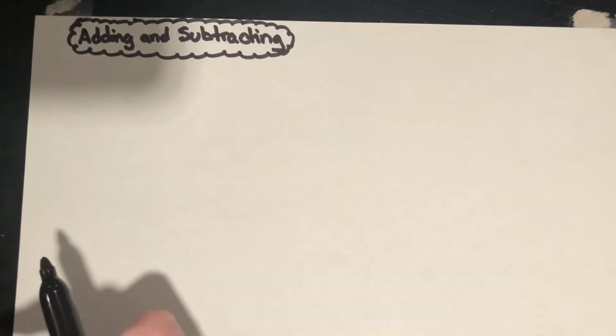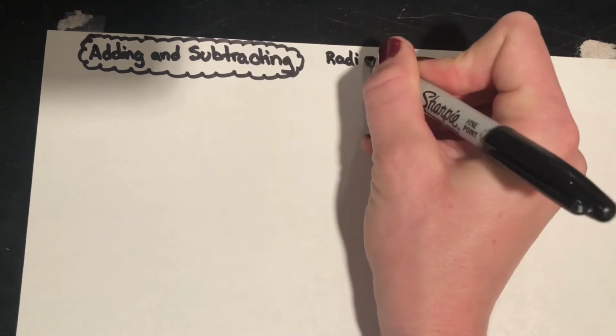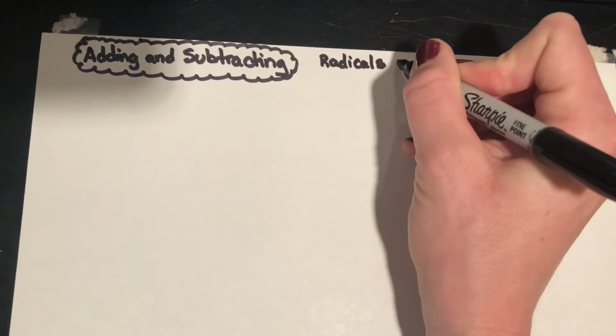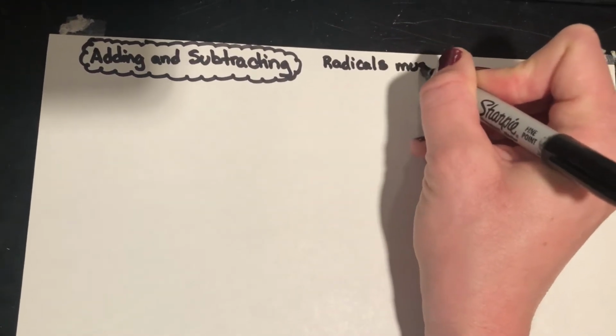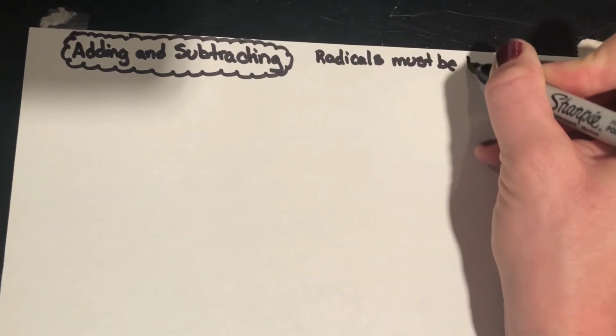So adding and subtracting, what we need to remember, and we've done this before, is radicals must be like terms.